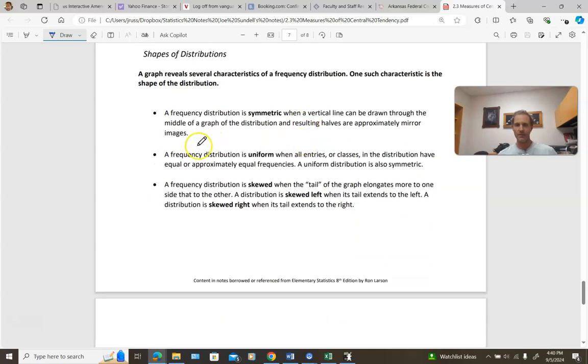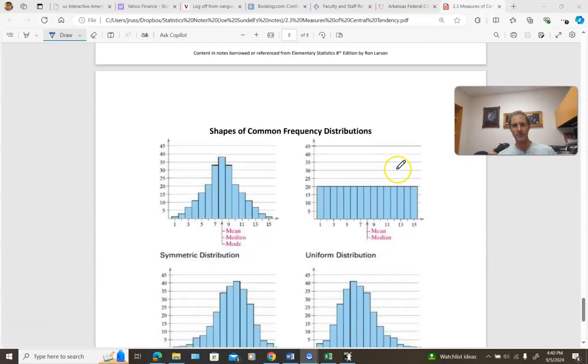Then we say a frequency distribution is uniform when all entries or classes have equal or approximately equal frequencies. A uniform distribution is actually symmetric. I have an example down here.